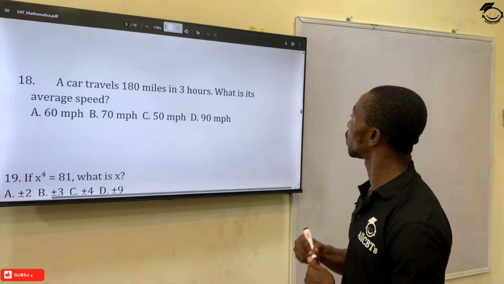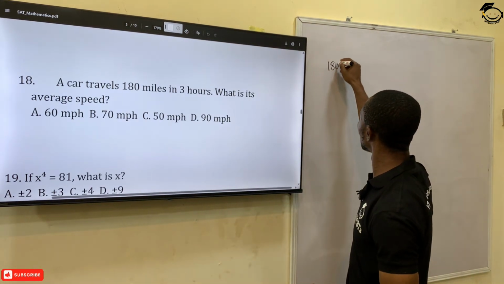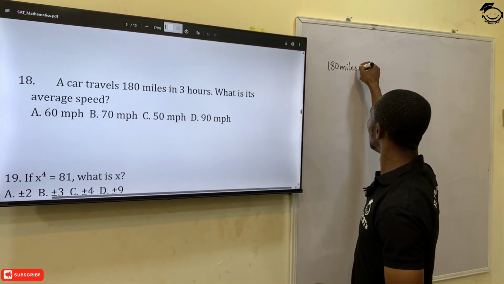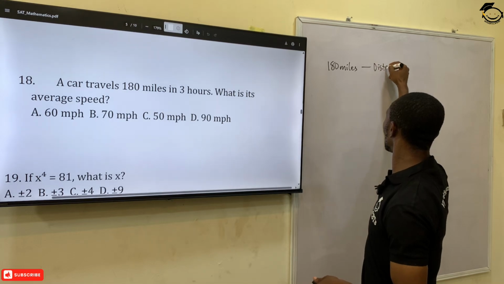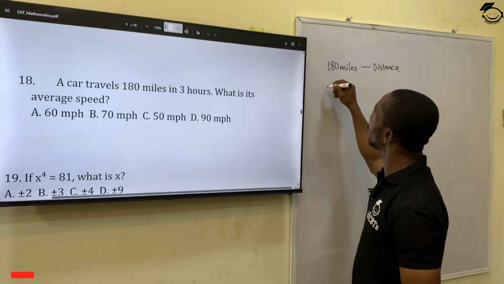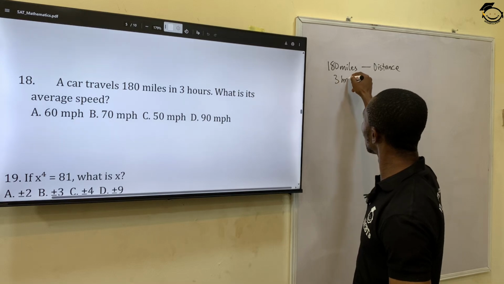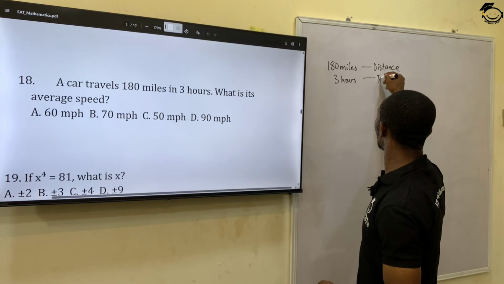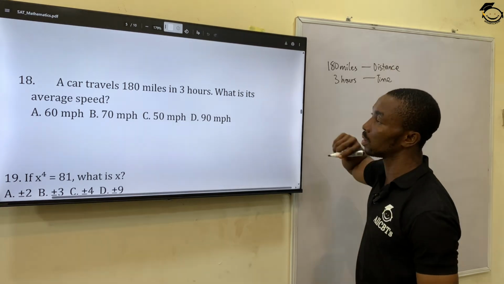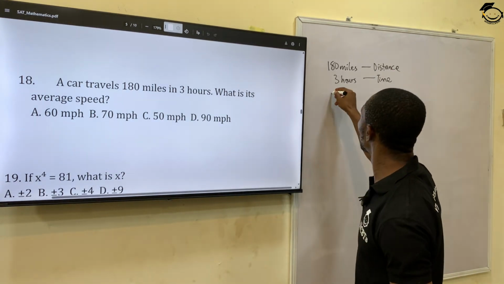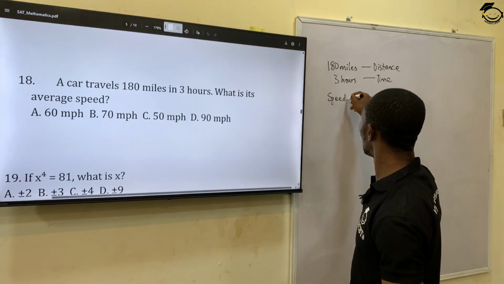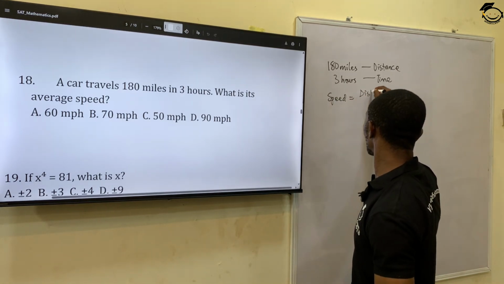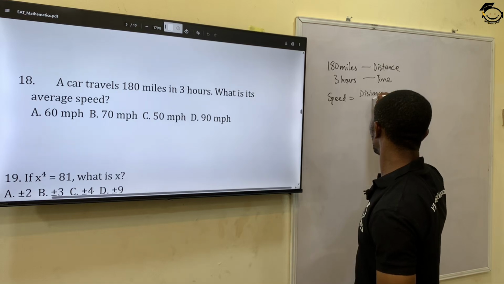A car travels 180 miles, distance, in 3 hours, time. What is the average speed? Now for speed equals distance over time.